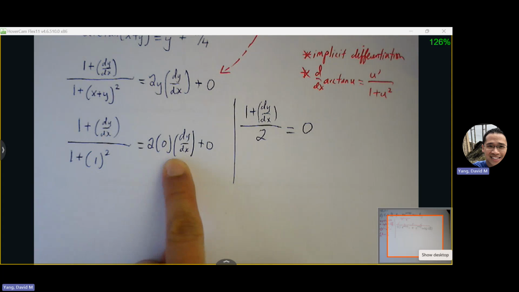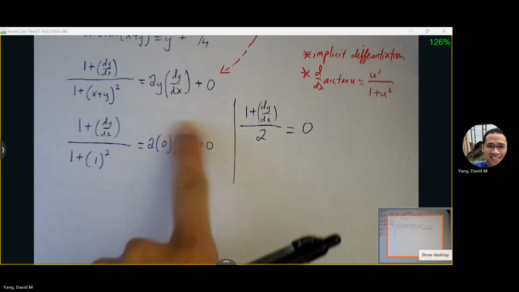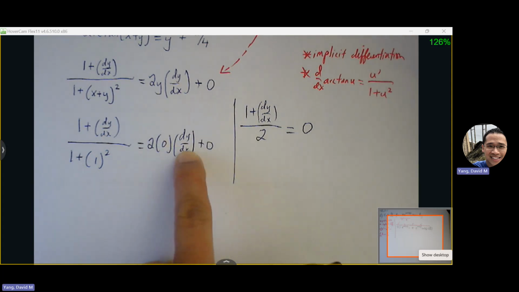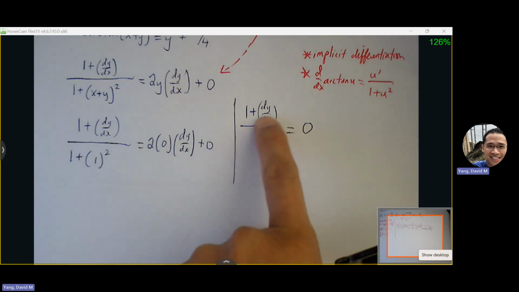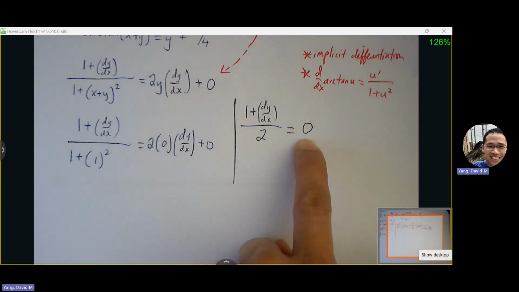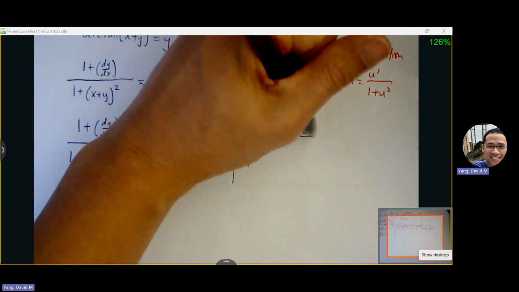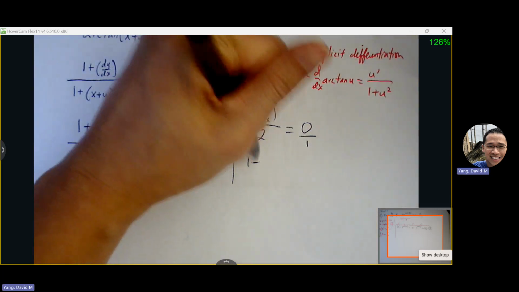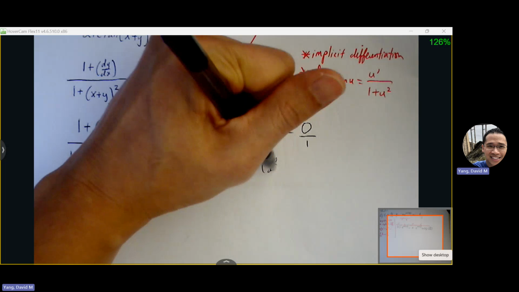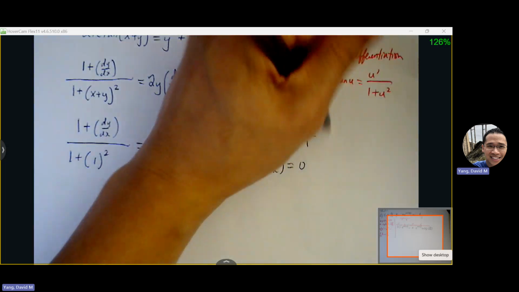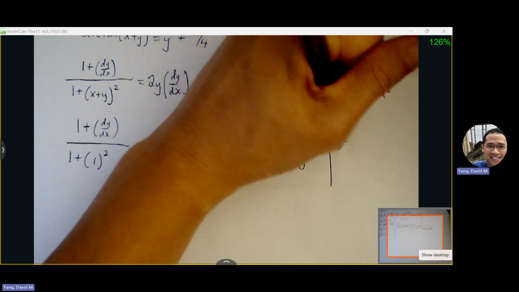So the whole right side will just wipe away because everything is times 0. The dy dx goes away here as well. I'm just left with 1 plus dy dx on the left side over 2 equals 0. If I cross multiply, thinking of it as 0 over 1, I get 1 plus dy dx equals 0. Solve for dy dx.